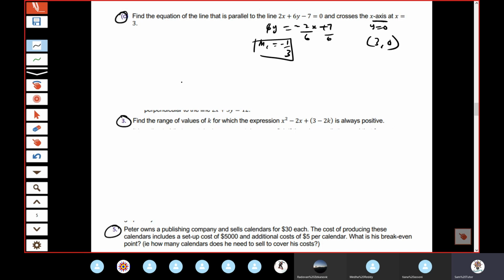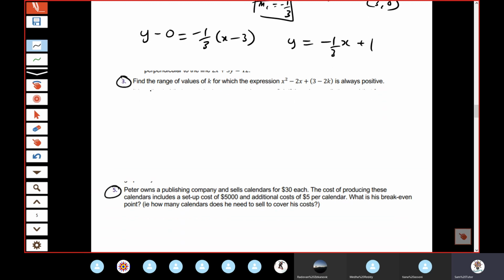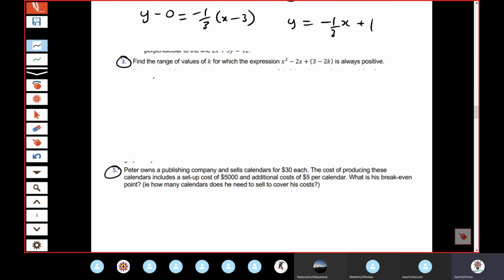So there's your point. y minus y1 equals m, x minus x1, y equals negative a third x plus 1. Easy. This one. Anyone got it out? What'd you use? Yeah, as you know it.